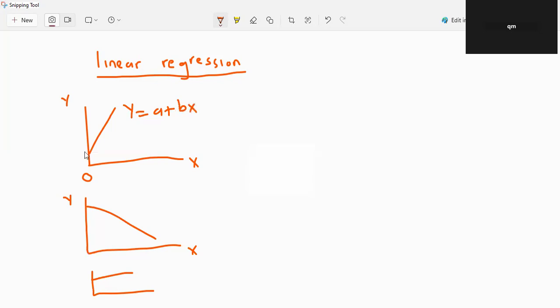The a stands for the y-intercept, where it cuts the y-axis. The b stands for the slope, the gradient. I'll explain all these terms later on. This is a positive relationship, and a positive relationship can either be strong or weak.